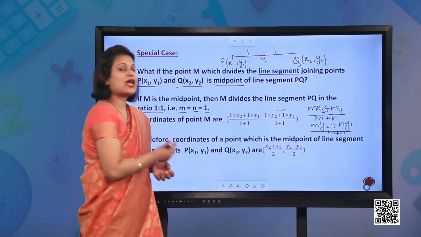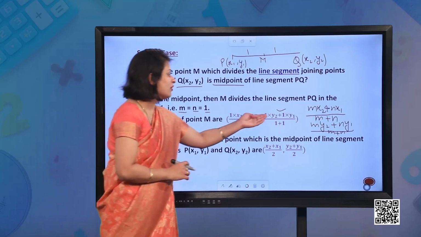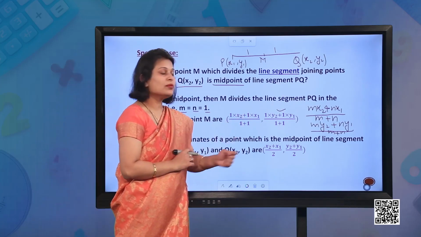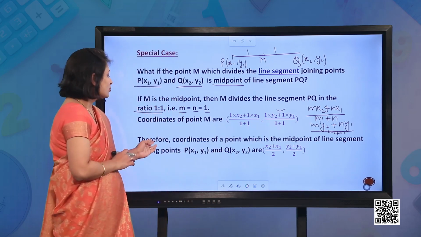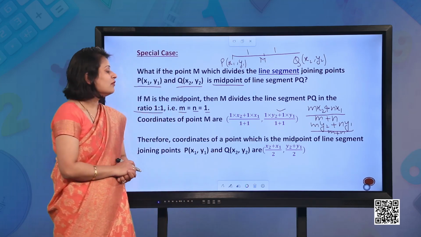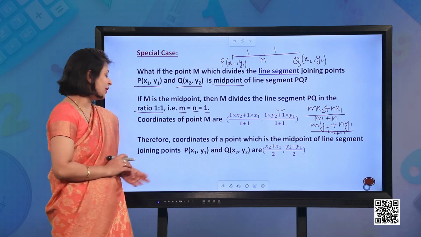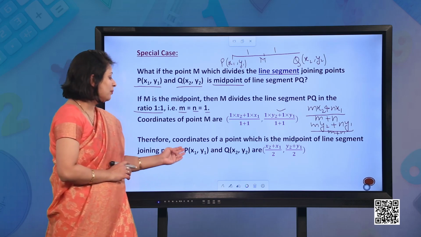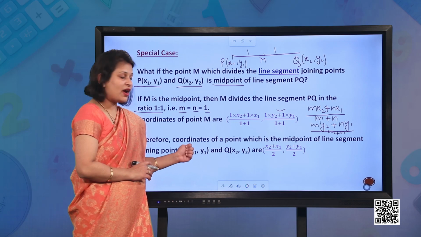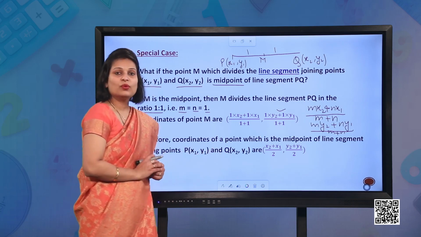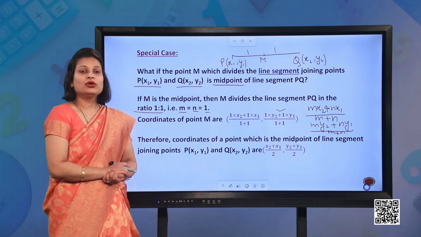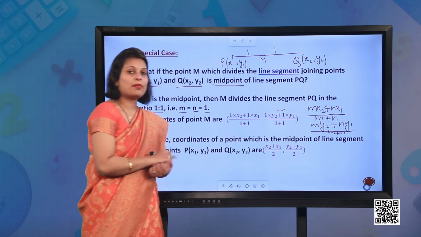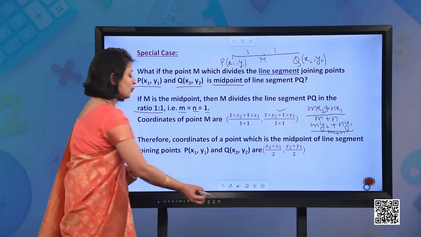Now simply replace m and n by 1. What will you get? 1 into y2 plus 1 into y1 upon 1 plus 1. So therefore the coordinates of the midpoint of the line segment joining points P, x1, y1 and Q, x2, y2 are x2 plus x1 upon 2 and y2 plus y1 upon 2.